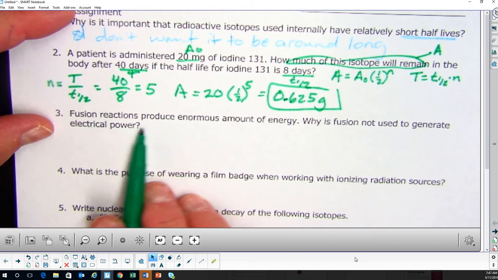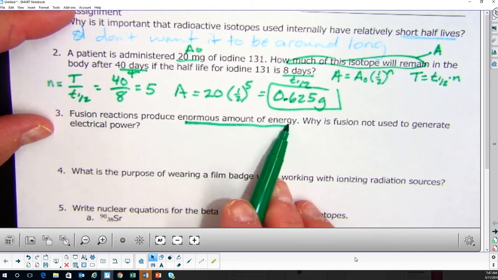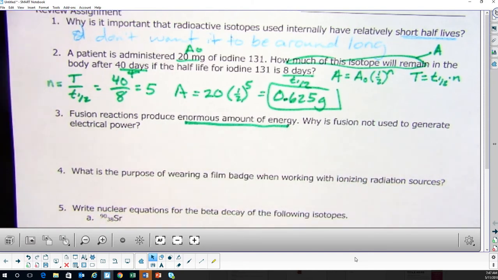So fusion reactions produce an enormous amount of energy. Why is fusion not used to generate electricity? Yes? Because it doesn't last very long. Oh, it lasts a long time. So fusion is what happens in the sun. Fusion is what happens when we have nuclear bombs. So try to contain that.